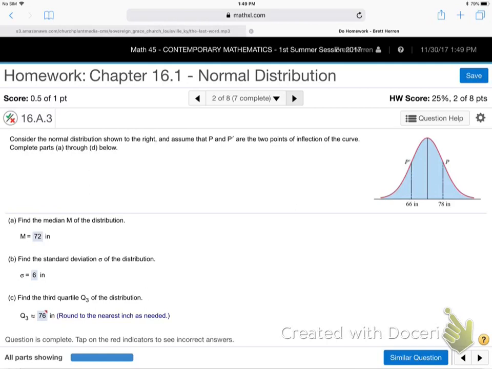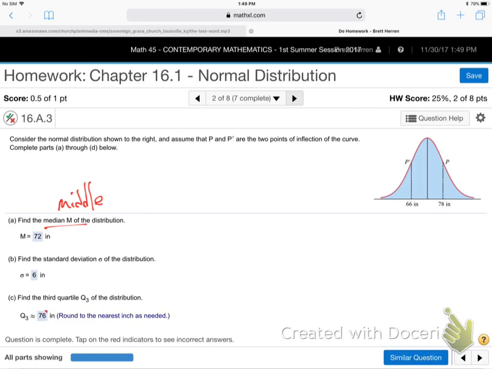Okay, number 2. Find the median. That means the middle, huh? Find the middle. Okay. How do I find the middle of that one? Use 66 and 78. Yeah, it's the middle of these two, huh? Good. Very good, Johnny.